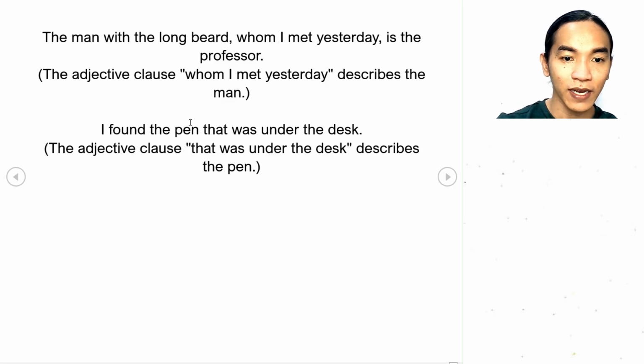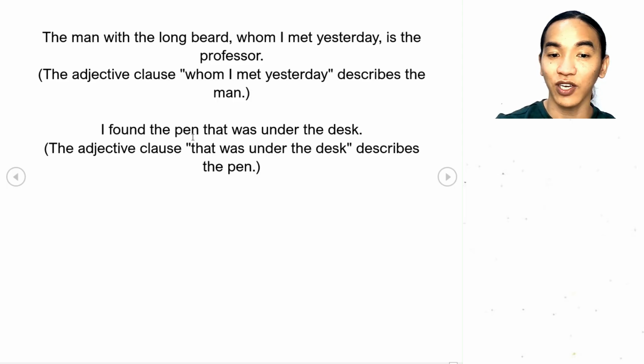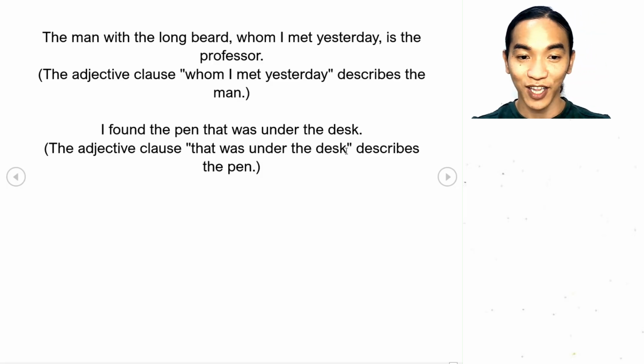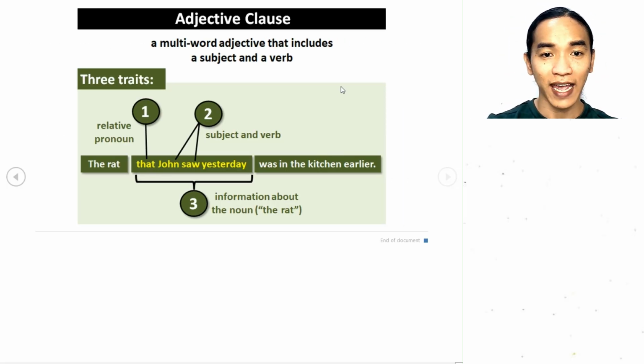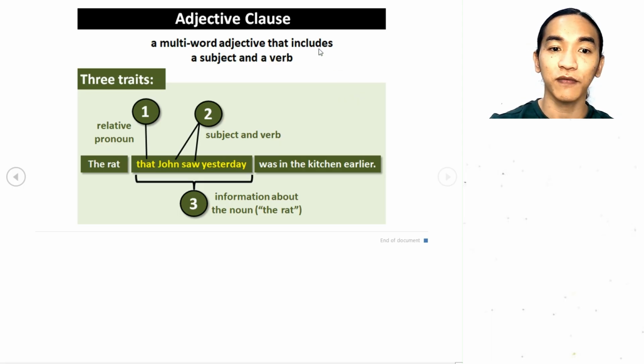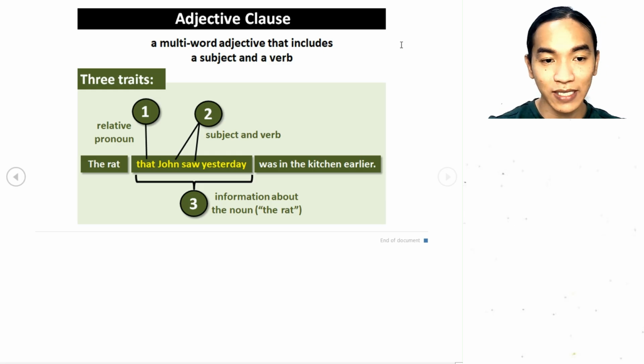Next one: I found the pen that was under the desk. So I found the pen. The pen here is your noun, and that was under the desk is your adjective clause. As a summary, an adjective clause is a multi-word adjective that includes a subject and a verb. There's always a subject and a verb.